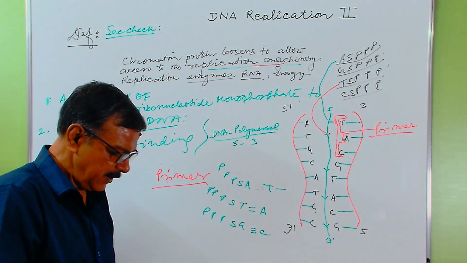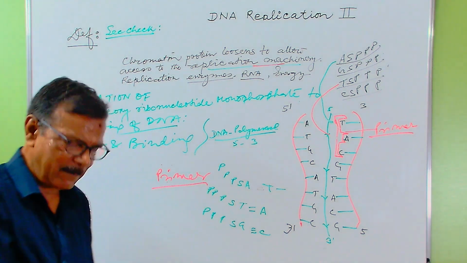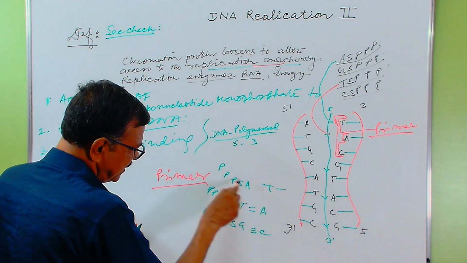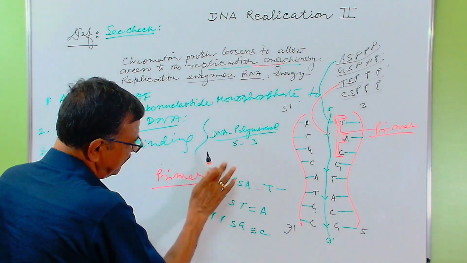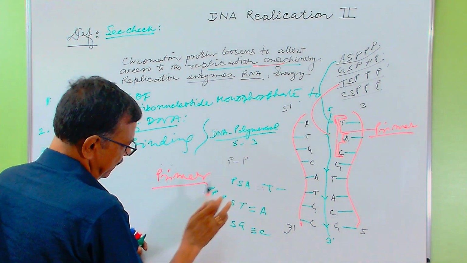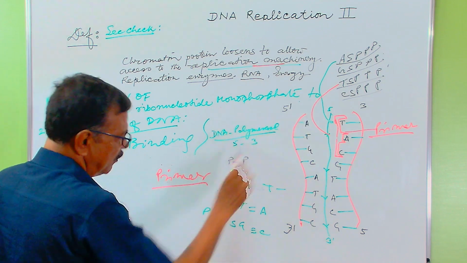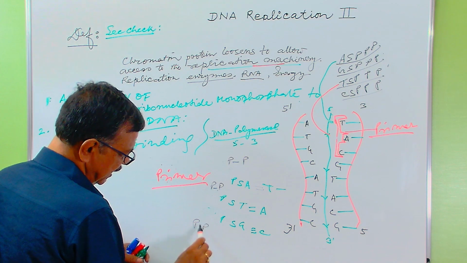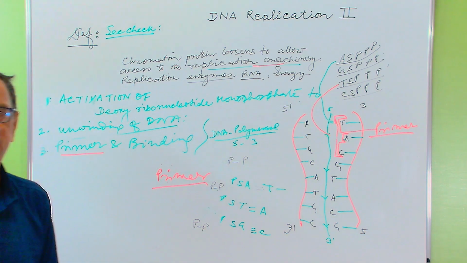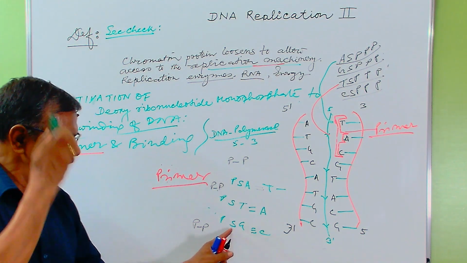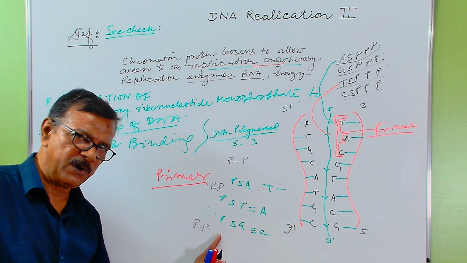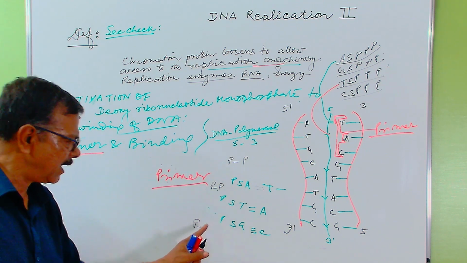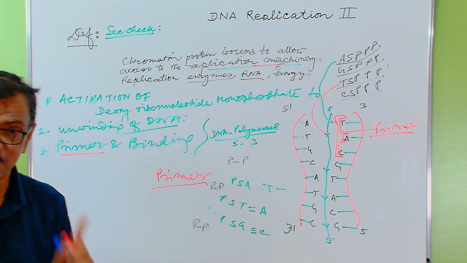Now let us complete this first, and come to that later on. Here we will see, after fixing with this, they will give up P and P. They will give up, in the nucleoplasm, PP. The deoxyribonucleotide triphosphate will get rid of its PP, that is pyrophosphate.